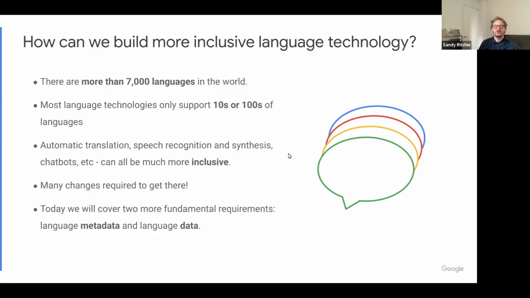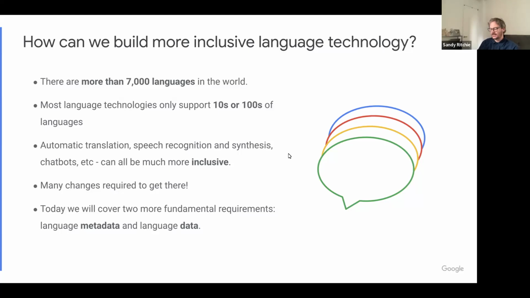And if your technology covers those 1,000 most widely spoken languages, you are already supporting something like 97 or 98% of the population of the world. So it's not universal coverage, but to a first approximation you're supporting nearly everybody.